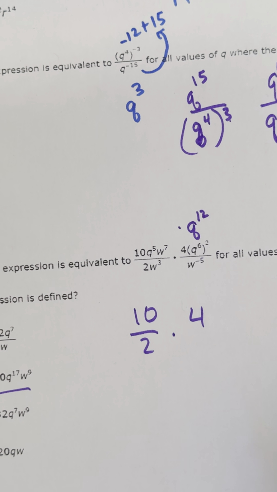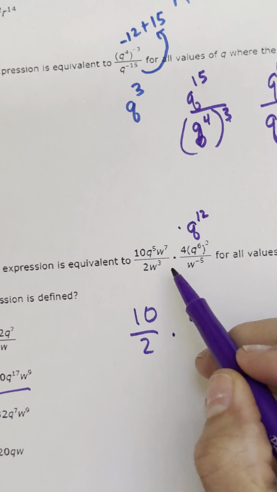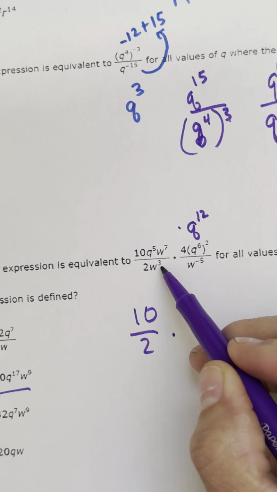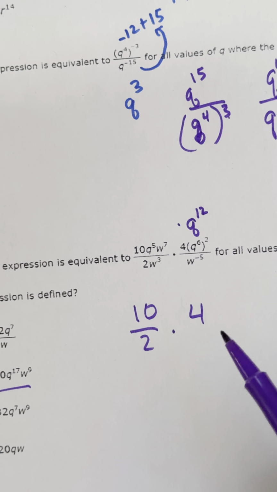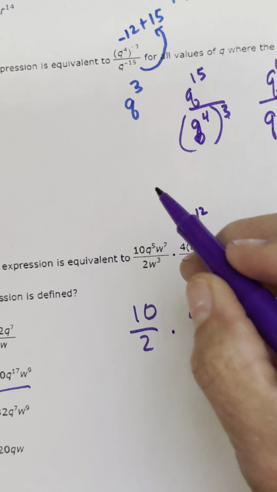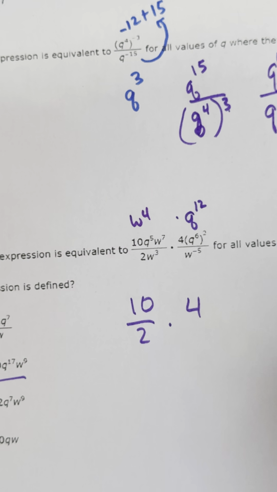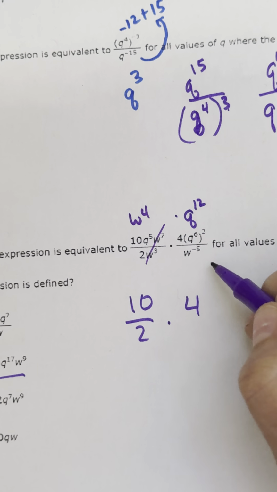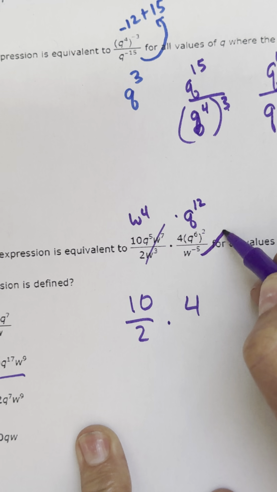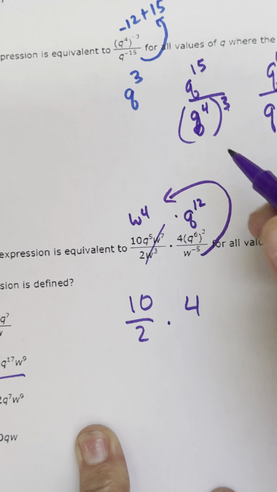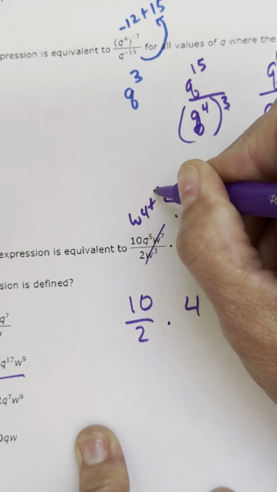So that's my q's. The w's, we have 7 here and 3 here. So again, when you divide, you subtract. So 7 minus 3 is 4. So I end up with w to the 4 on top. Those go away. And that negative 5, I bring to the top and add it to the other. So I add 5 more.